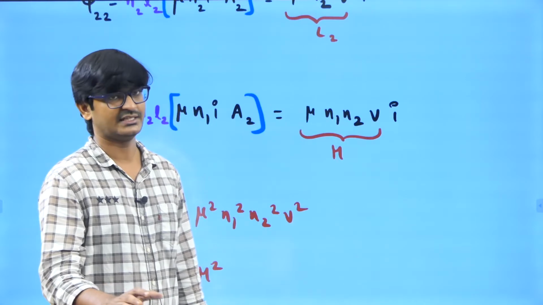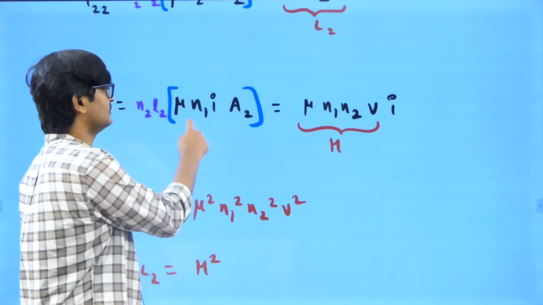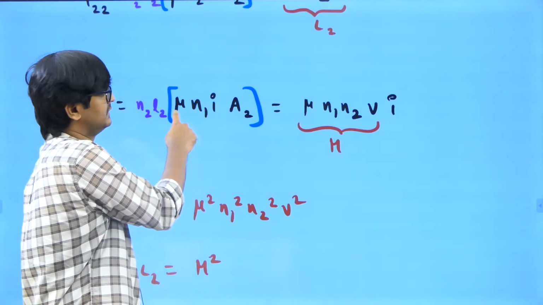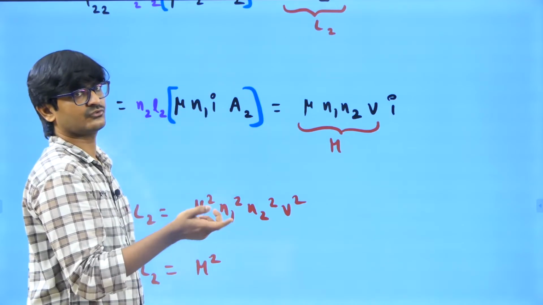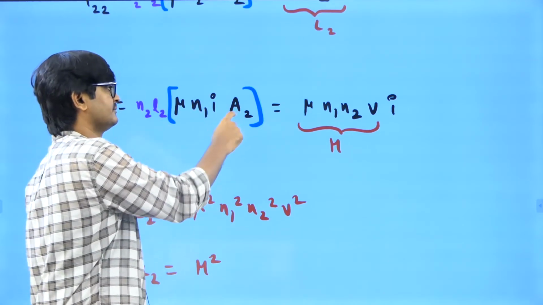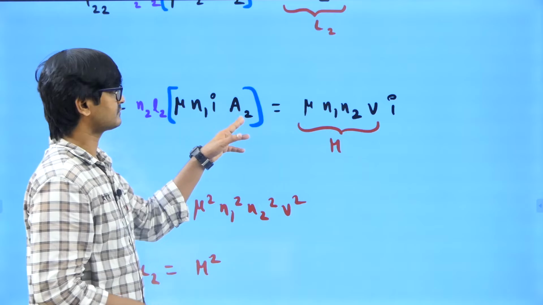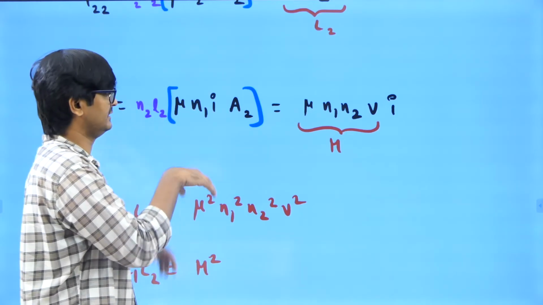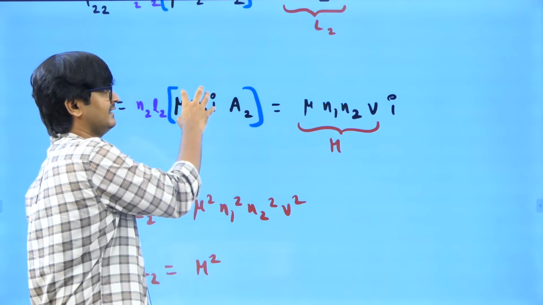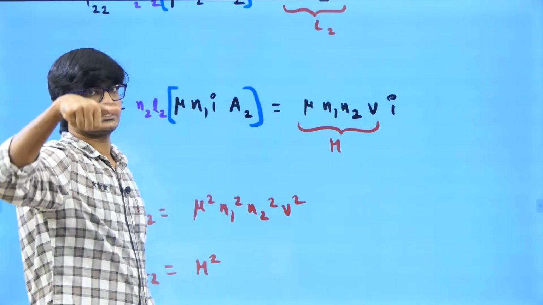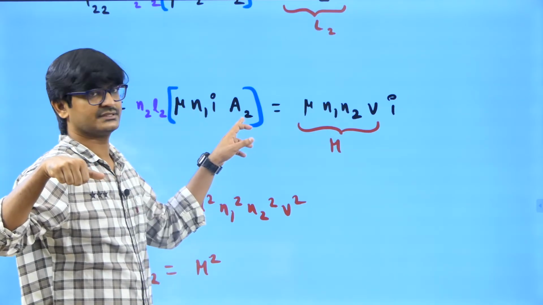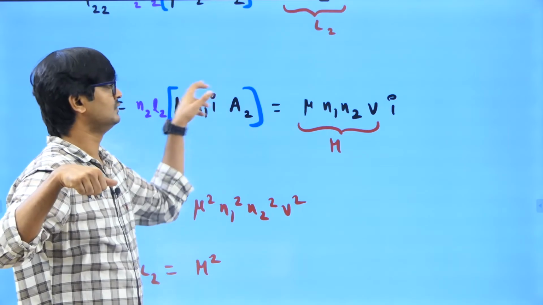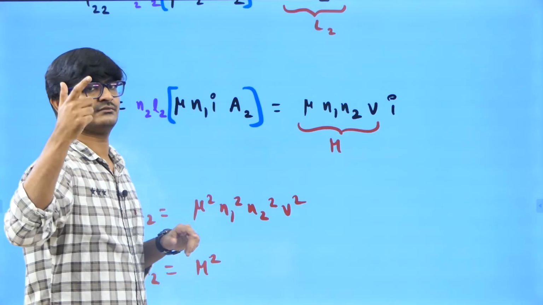If I want to find mutual inductance, I need to pass current through the first loop, which gives this much magnetic field. Then I have to find the flux through the second loop, so I have to take the area of the second loop, which is the same as the first loop in this case. So mu naught, this magnetic field due to current in the first loop, and this is the area of the second loop. So this is the flux through the second loop because of current in the first loop.